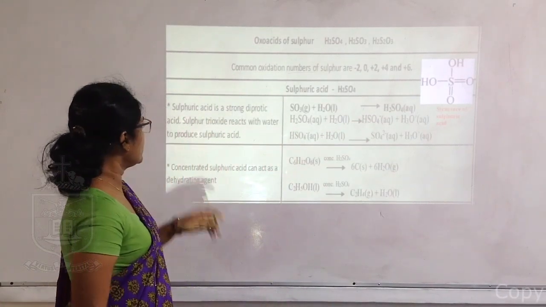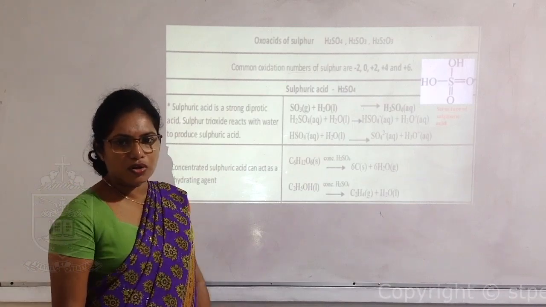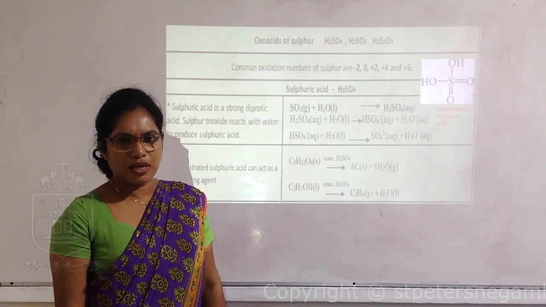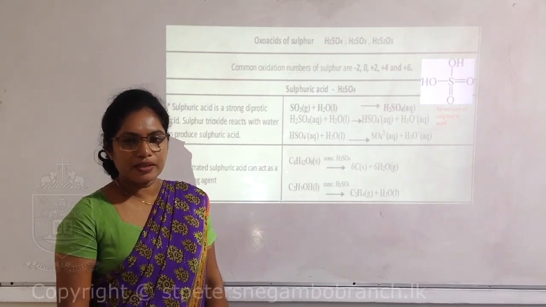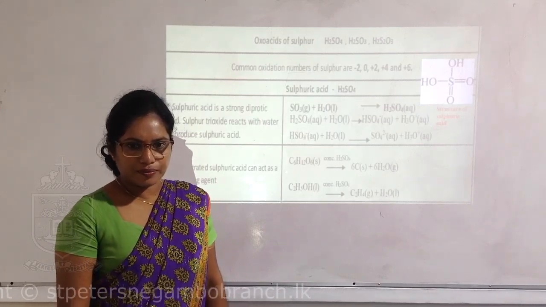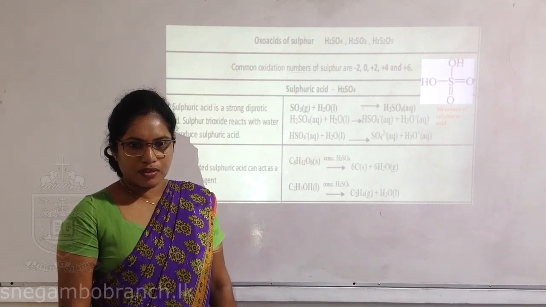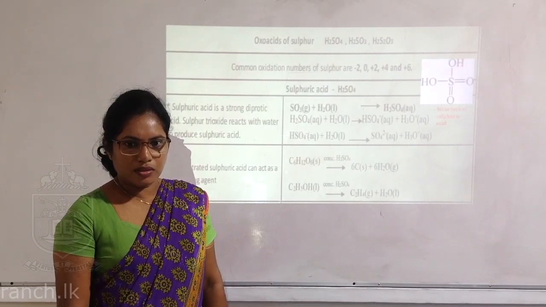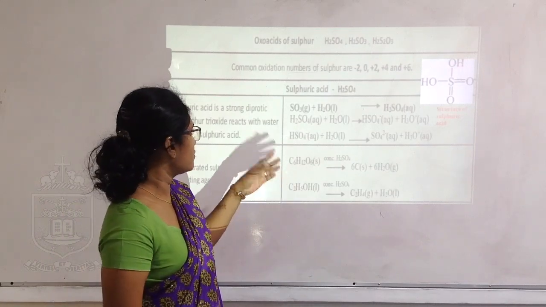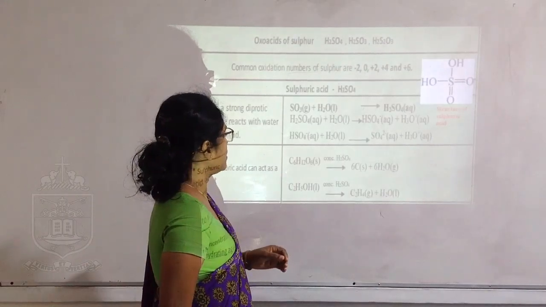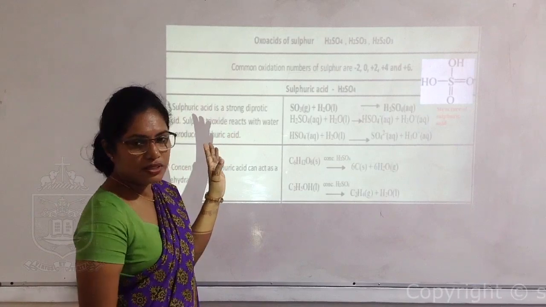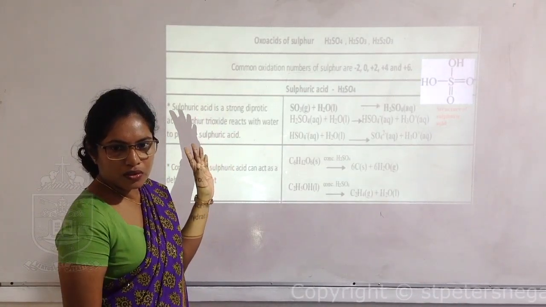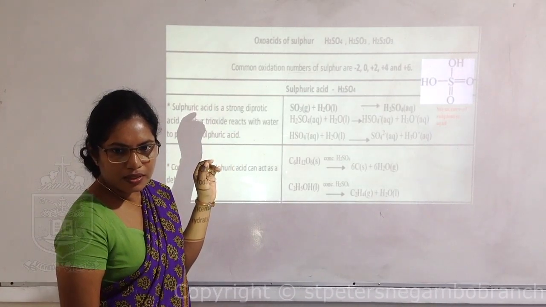And sulfuric acid is a strong diprotic acid. That means it can release 2 H plus ions. And if we take the reactions of sulfuric acid, first let's take how we form sulfuric acid.